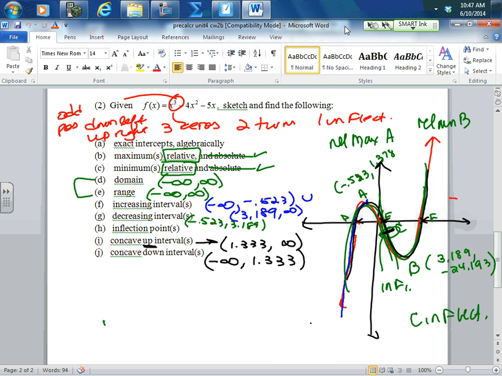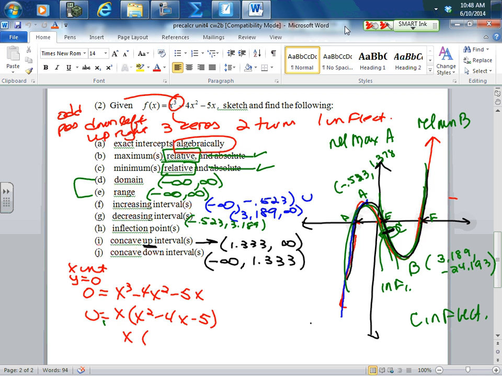So let's do your x-intercept algebraically. So x-intercept, set your y to 0. So we're going to factor. What does each term share? X. Good. So let's factor out an x. I have a trinomial.